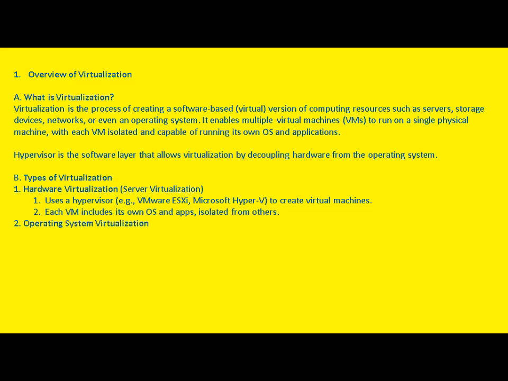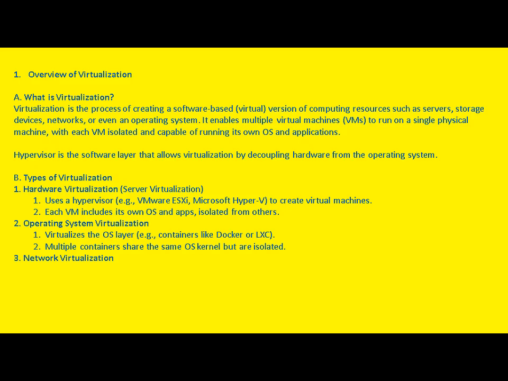The next type of virtualization is operating system virtualization. In this virtualization, it virtualizes your OS layer, like containers such as Docker or LXC. Multiple containers share the same OS kernel but are isolated from each other.